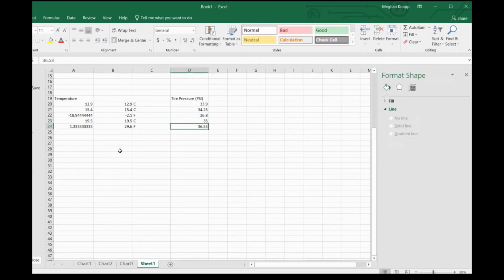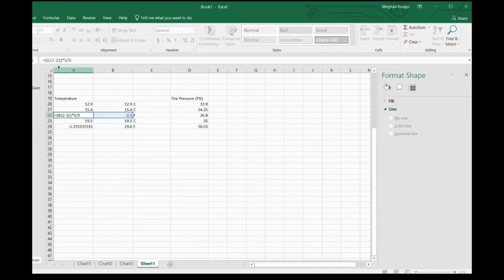But I don't have such an easy conversion for my Fahrenheit to Celsius. So on my 2 points where I have Fahrenheit, I've put in this formula. And so I click on the cell with the Fahrenheit temperature, and it's highlighted in blue here as B22.